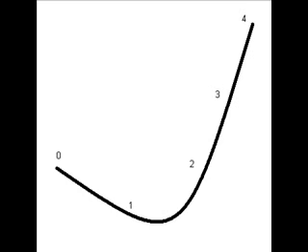So it tells you where that part of the curve is. There's one point on the curve that corresponds to s equals 0, one that corresponds to s equals 1, one that corresponds to s equals 2, s equals 3, and s equals 4.